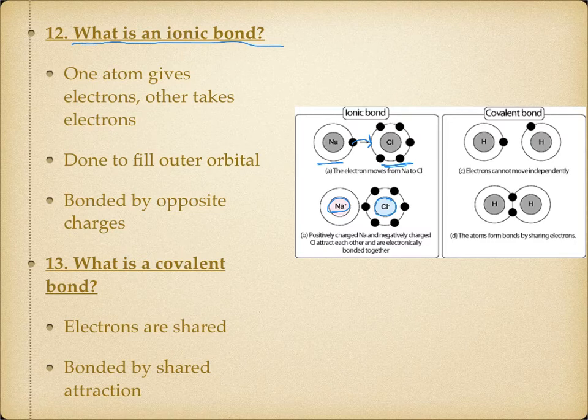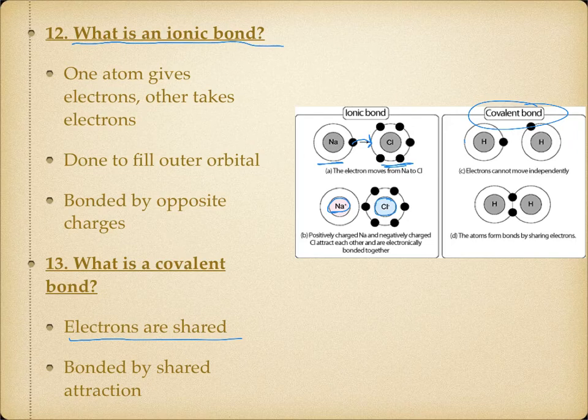A covalent bond is slightly different. Rather than giving up electrons, the electrons are shared. So when they share, like this is hydrogen gas, in this covalent bond, hydrogen has 1 electron in its outer shell, the first electron orbital, the one closest to the nucleus. Only 2 electrons are going to fit max.